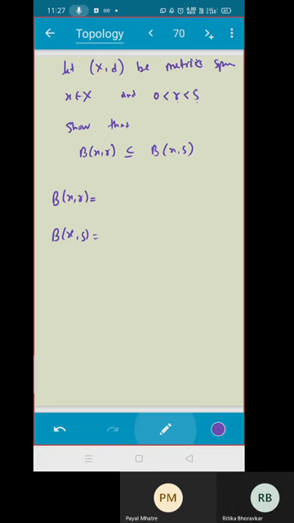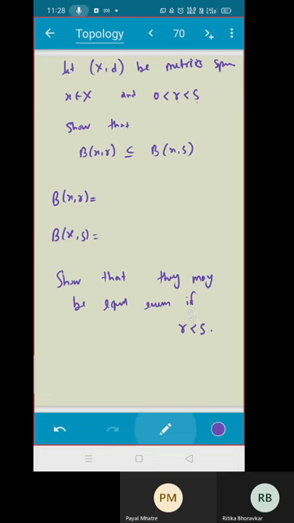Okay. One more thing here. In the same setting, show that they may be equal even if r is strictly less than s.